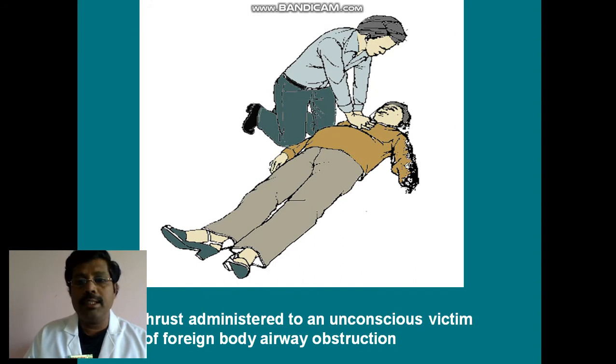Previously we discussed the abdominal thrust, the subdiaphragmatic thrust, and this is the third one, the chest thrust.